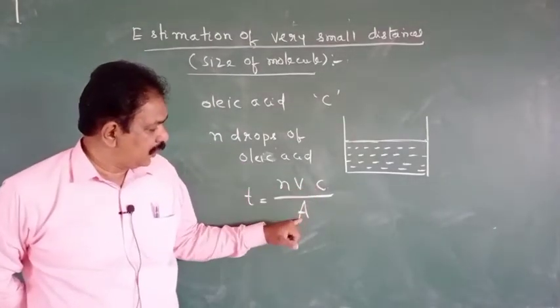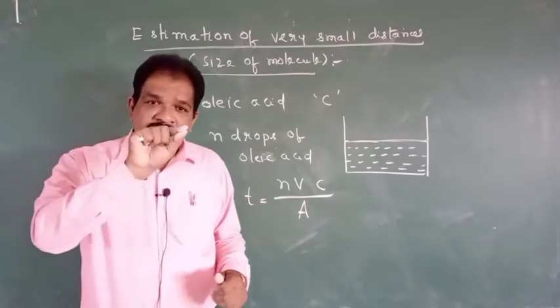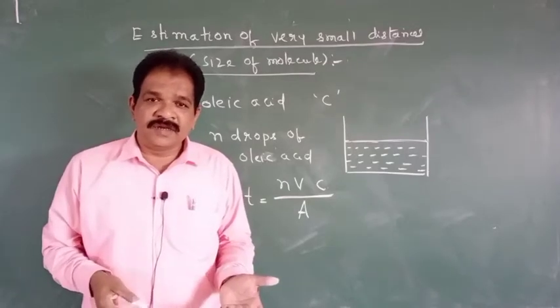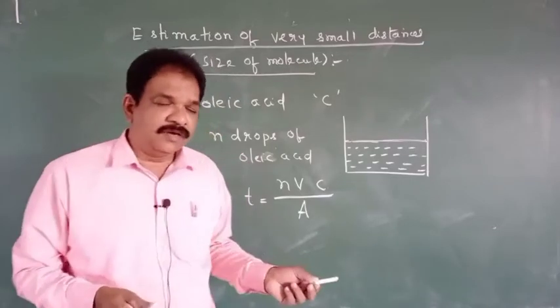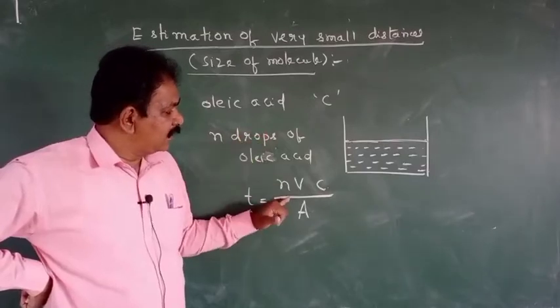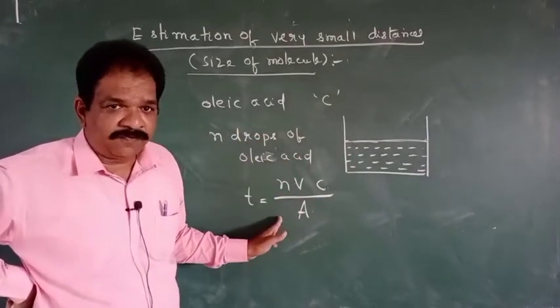By substituting all these values in this formula, we can measure the thickness of that layer. Thickness of the layer is nothing but the size of the oleic acid molecule. Like that, we will find the thickness of molecules using this type of method.